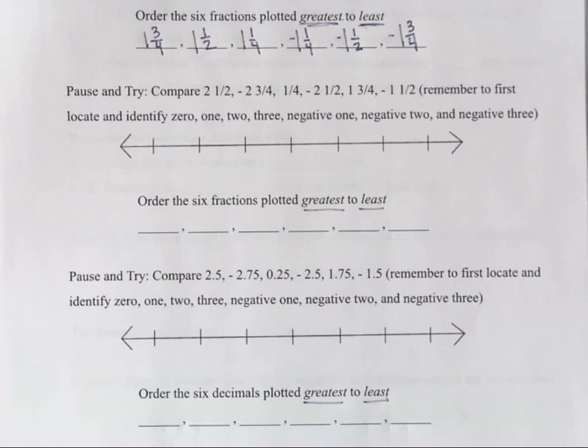I will check your notes, or if you have a sub, then I will check your notes tomorrow. Okay, so if I'm here, I will check your notes and you grab your assignment. If you have a sub, just go ahead and grab your assignment and I will check your notes tomorrow.